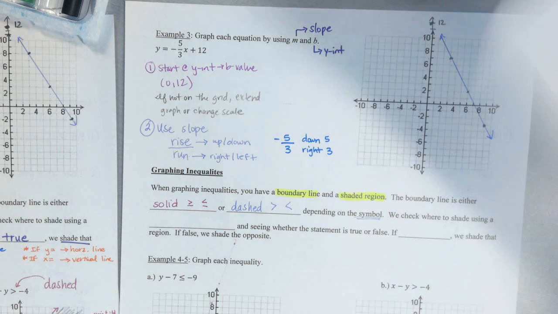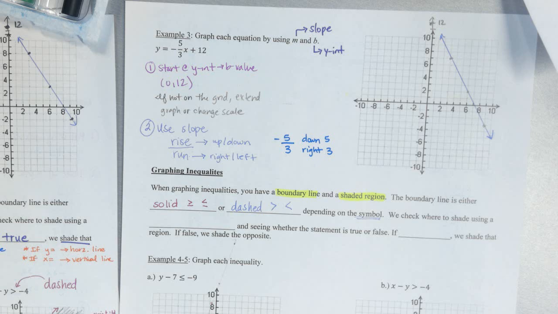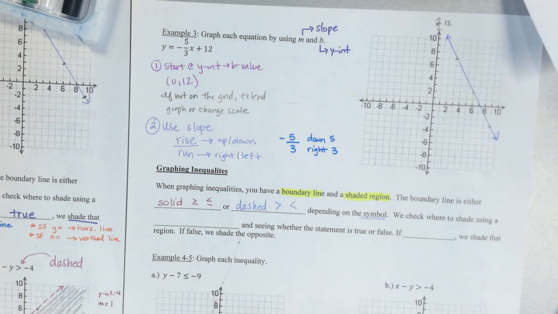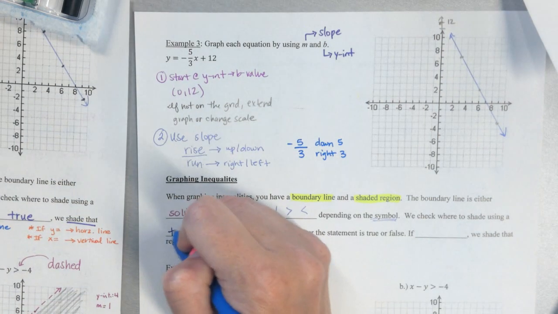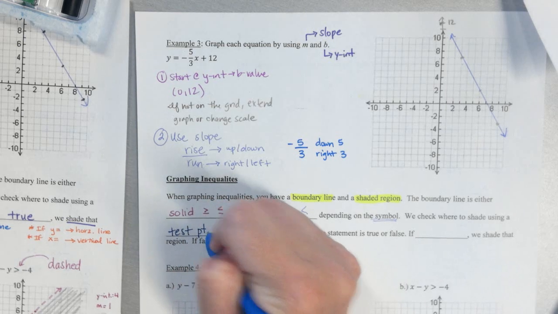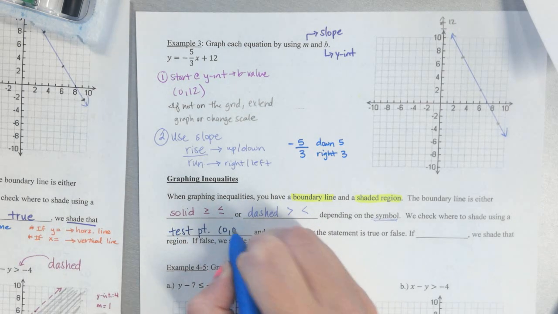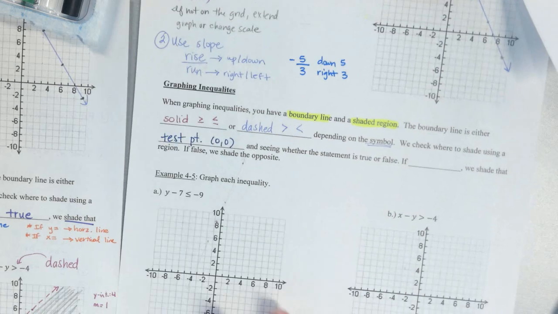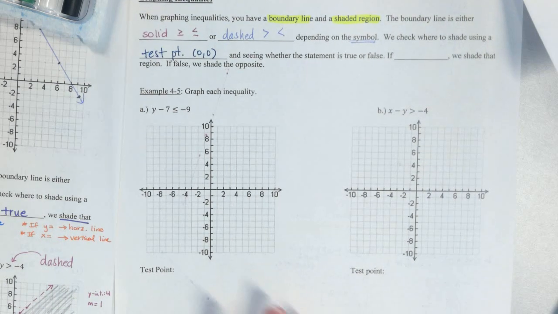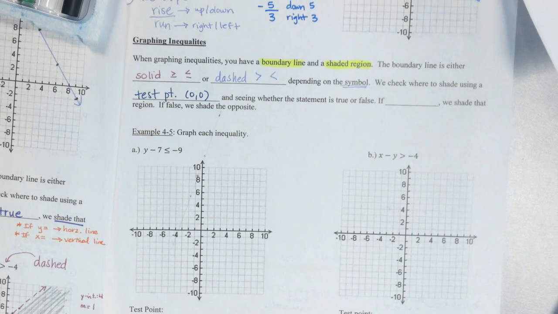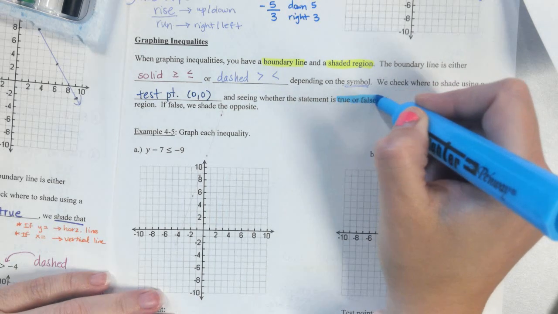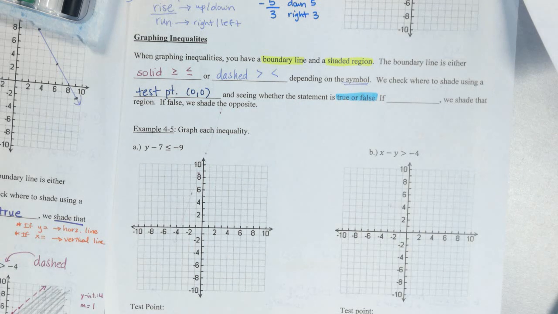So in order to check where to shade, we're going to be using what is called a test point. And if you can use the test point 0, 0, that is the simplest one to evaluate. And then what we have to do is see whether the statement is true or false. Okay, so we'll be writing that out.